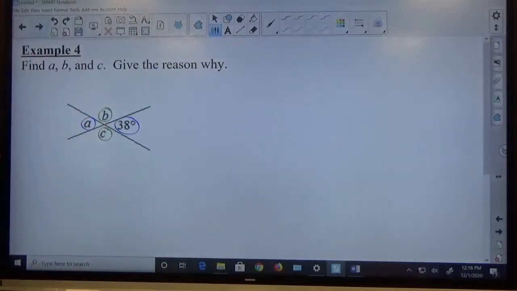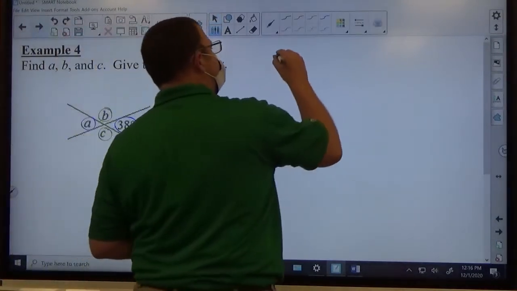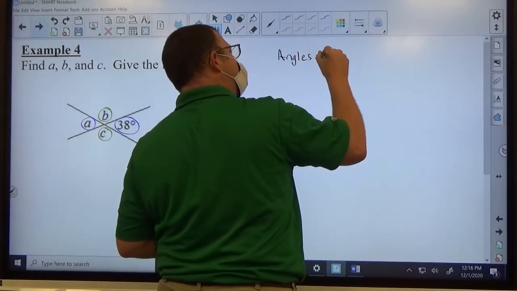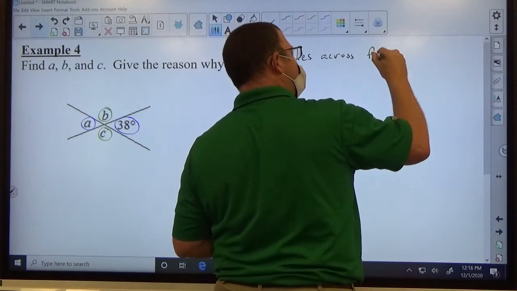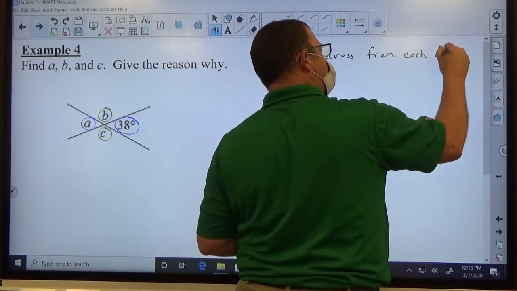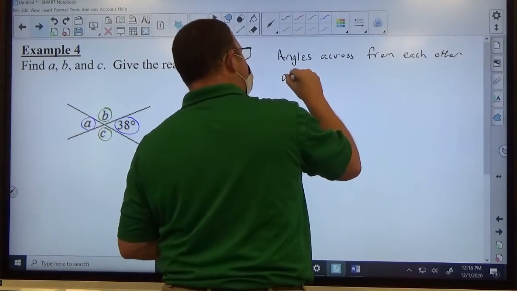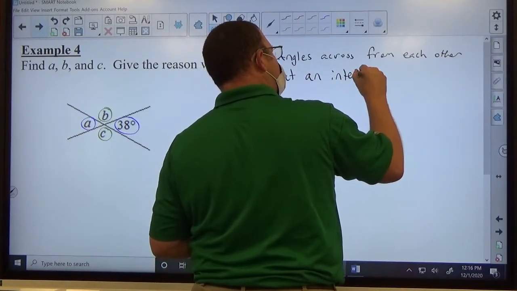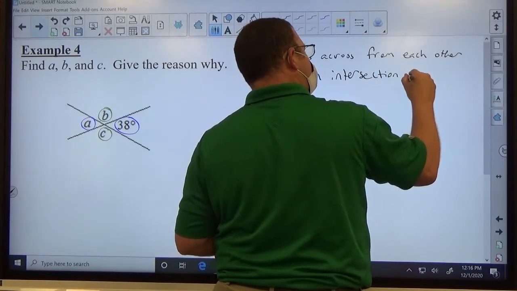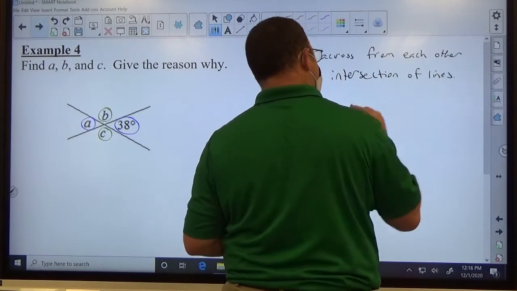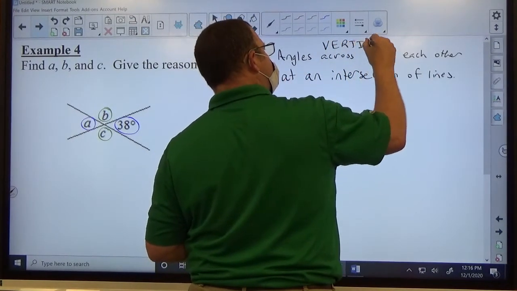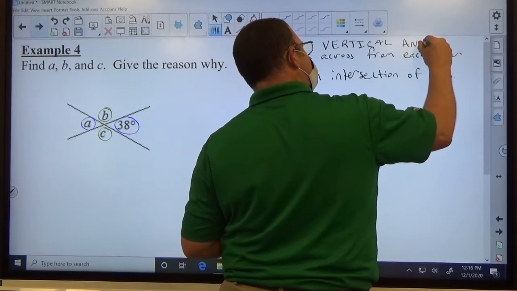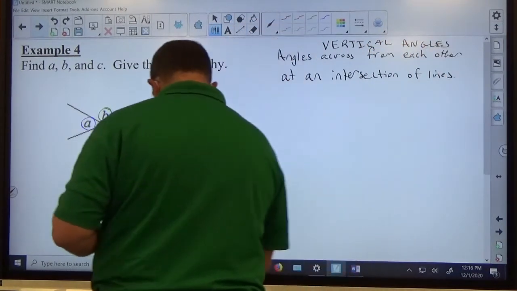All right. Those are called vertical angles. So the angles across from each other at an intersection are called vertical angles.